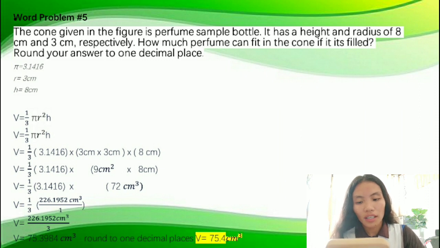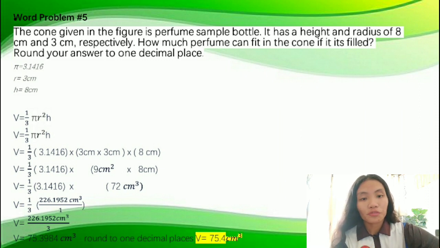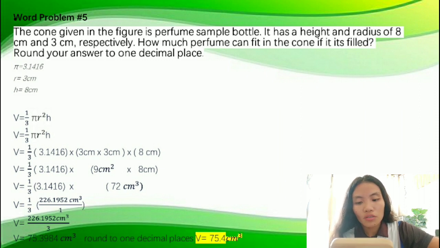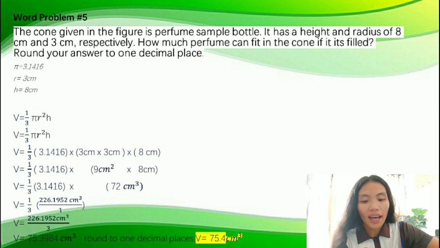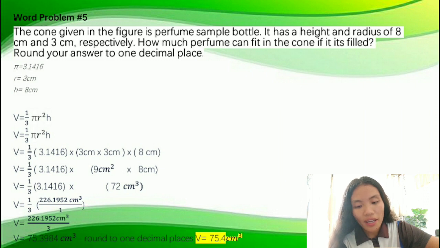So, we will find the formula. The formula of a cone is volume equals 1/3 pi r squared h, where h is the height. So, volume is equal to 1/3, the value of pi is 3.1416 times 3 centimeters times 3 centimeters times 8 centimeters.